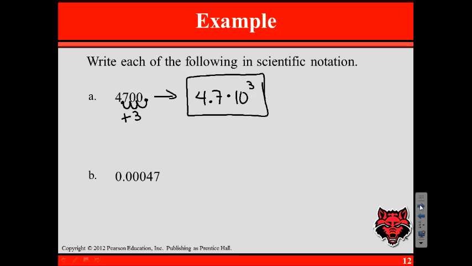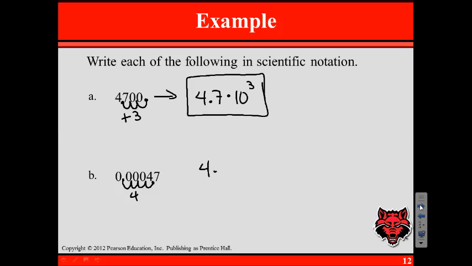Let's try the next example. We have 0.00047. Again, here we have the decimal place written, so we don't have to write it in. But we need to move the decimal so that our number is between 1 and 10. So starting at the decimal, we move to the right 1, 2, 3, 4 times.